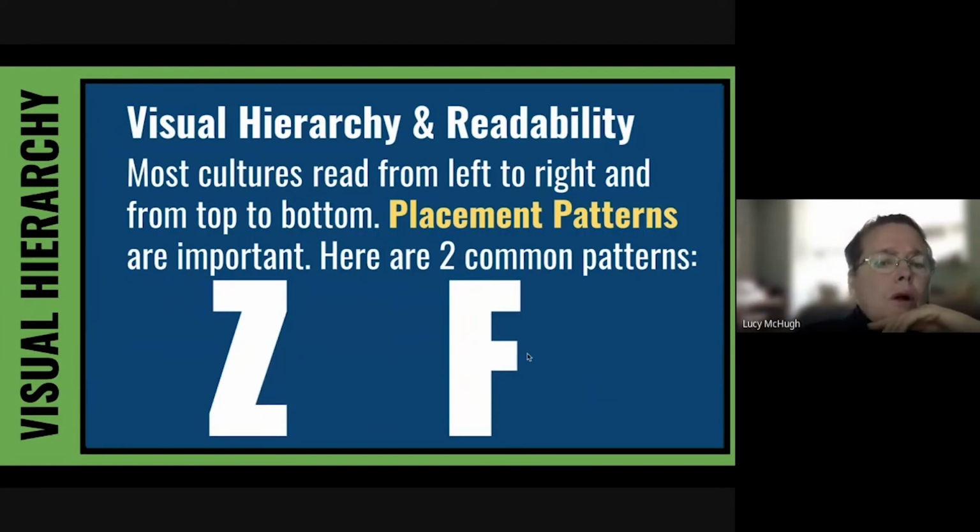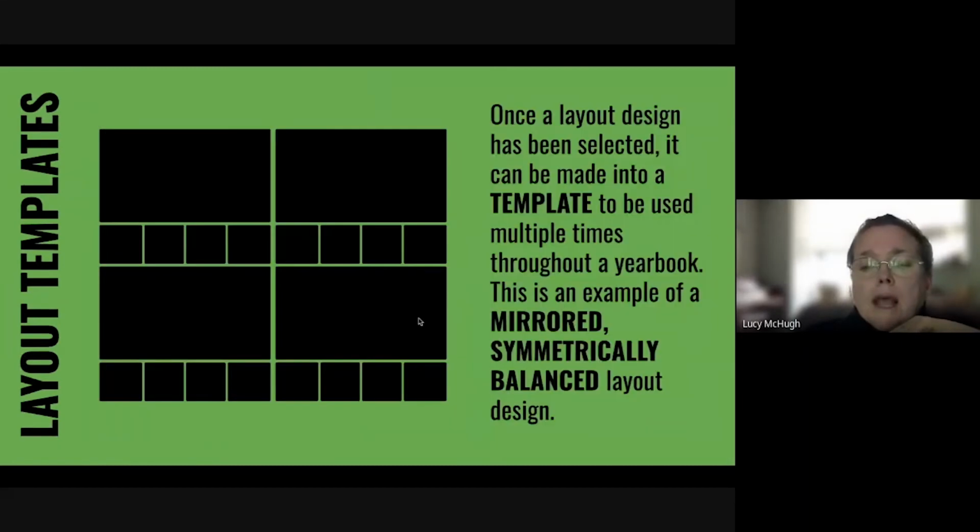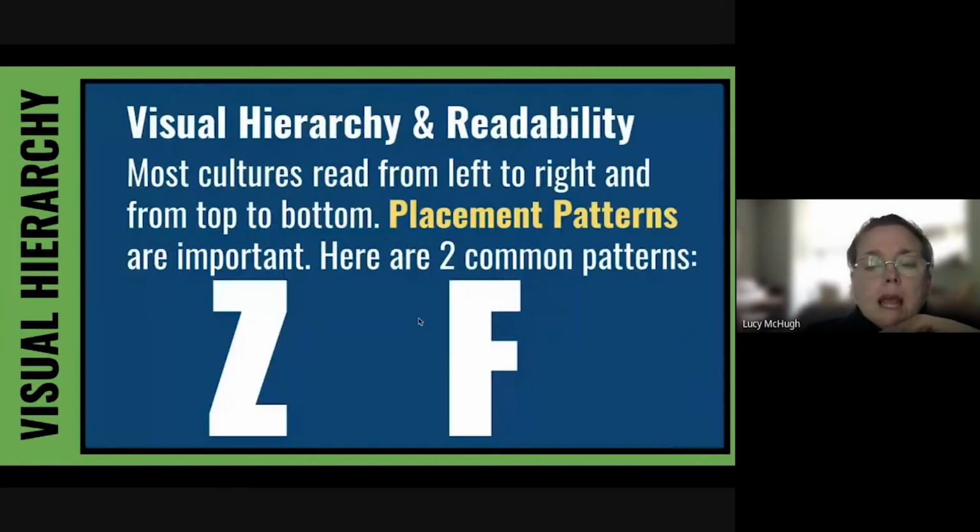So there are two patterns that are commonly used when creating readability in layout designs. One is a Z and one is an F. You could have a headline here, and then you could lay out lots of different things coming down in a diagonal and across on the bottom in the Z. And in the F, you can have a headline, a sub-headline, with lots of things in between.